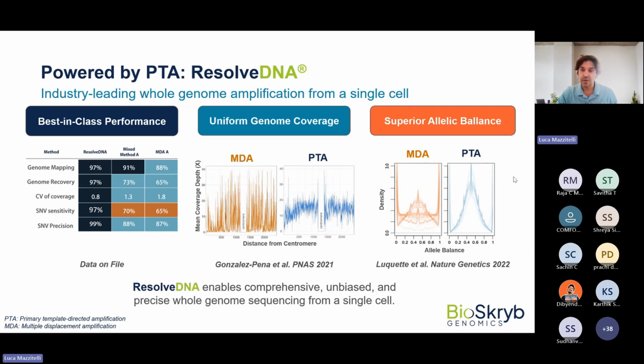So ideally, you would want the allelic balance centered at 50%, so in the middle here, with half of the reads coming from each copy of the gene. For PTA, this peak occurs at 0.5. Conversely, for MDA, this is a wider peak representing certain alleles having a bias of amplification of one allele versus the other.